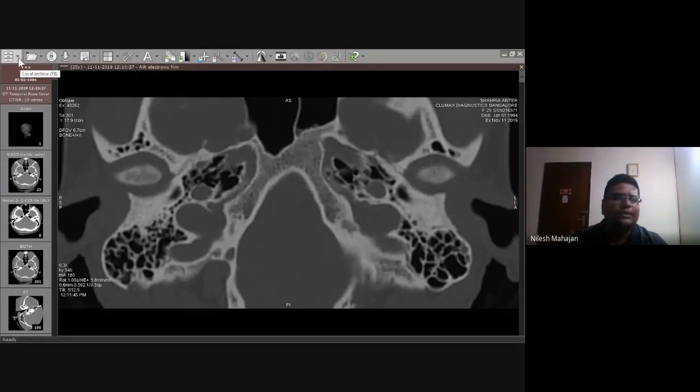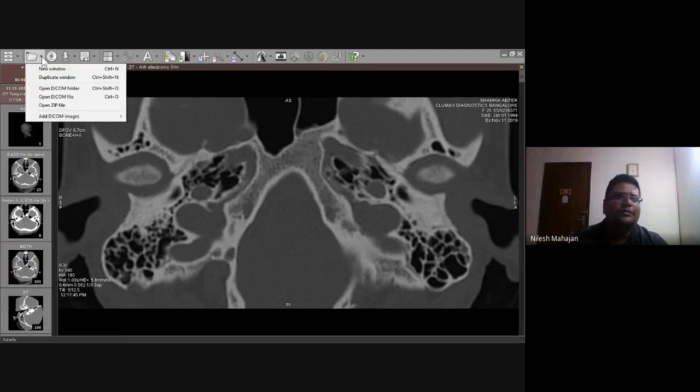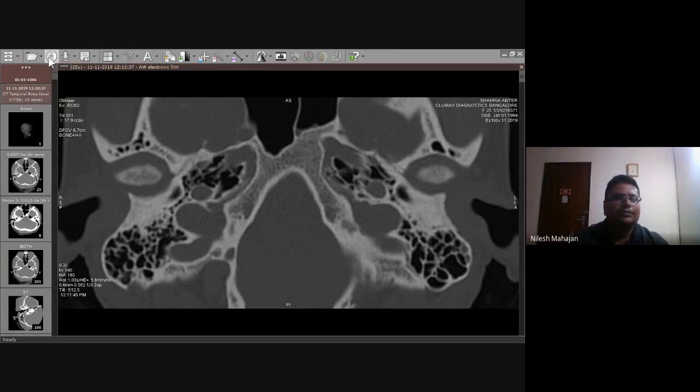Here you can see this is Open. You can open the DICOM folder, how I opened it just now. If you want to add a CD, you can use this second option. This second option is for CD. You have to insert the CD in the ROM and just click this. It will download whatever is there on the CD.